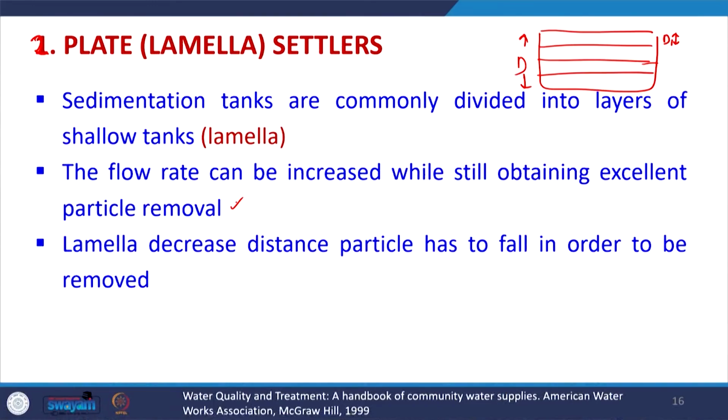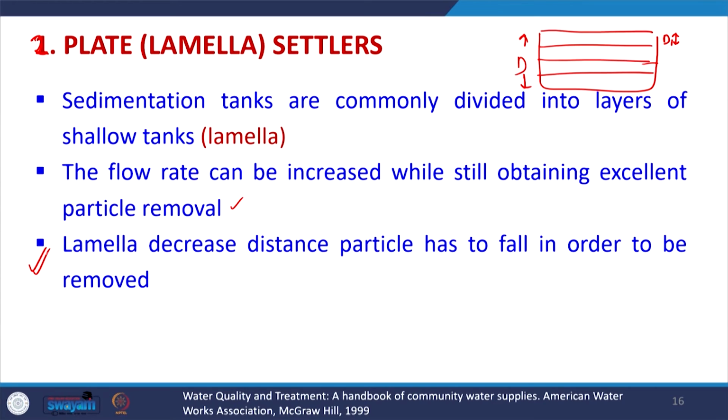That can be taken care of by choosing a higher flow rate in such a manner that the sludge does not leave the system, but still the particles settle down. A lamella decreases the distance a particle has to fall in order to be removed. This is the key thing in the plate settlers as well as in the tube settlers.